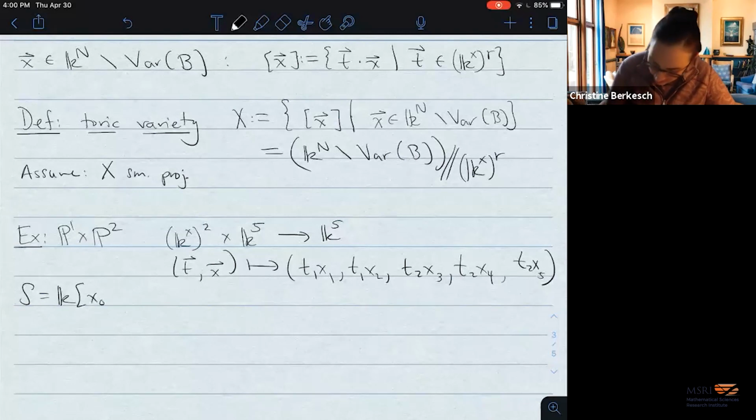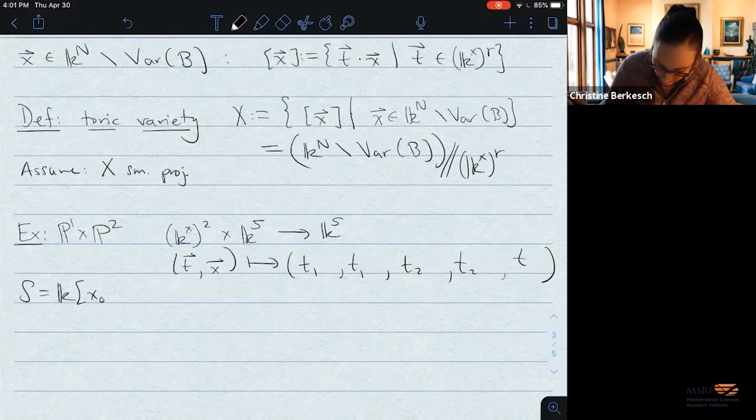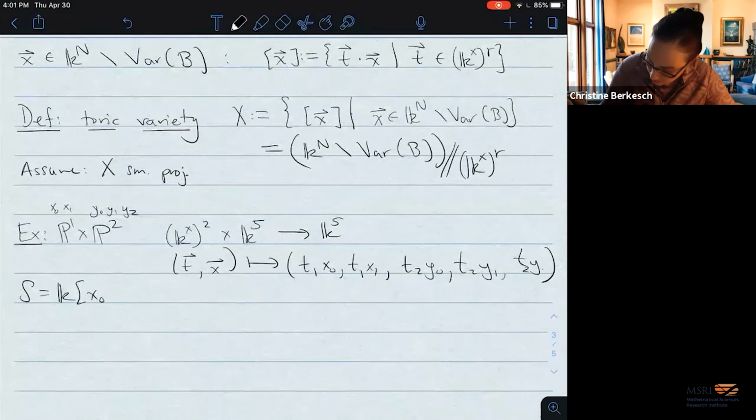And so in this setup then, my polynomial ring, I was going to change things, just because it's easier to talk about in my example in a moment. Sorry about that. I'm going to use coordinates x0, x1, and then y0, y1, y2 here.